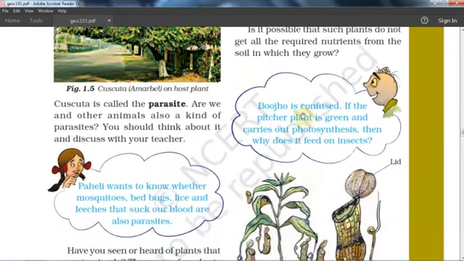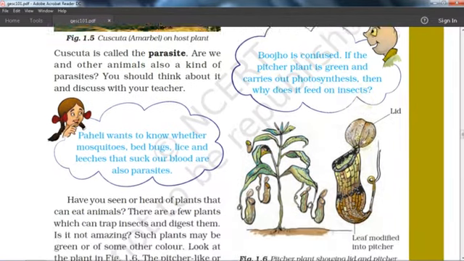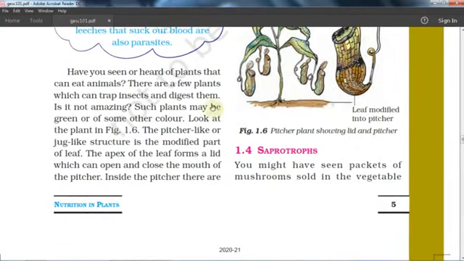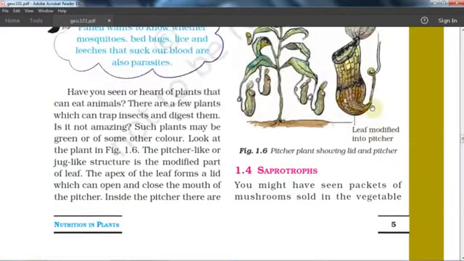Now Bujo is confused. If the pitcher plant is green and carries out photosynthesis, then why does it feed on insects? The answer is that they need extra nutrients to grow. That is why they eat up the insects.